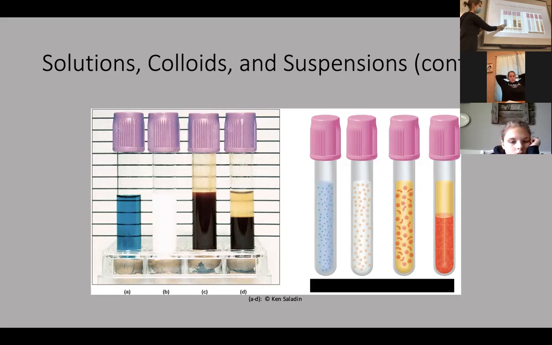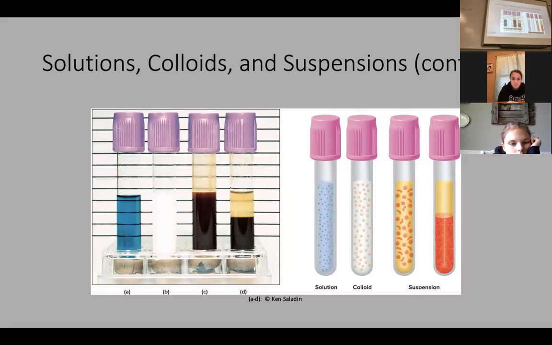So you can see the solution, you can see all the way through. These test tubes are sitting in front of a piece of paper with lines behind them. You can see the lines perfectly through a solution. You can't see them through a colloid or a suspension. The colloid is cloudy and milky looking. And then the suspension, I have the names down here, I'll unblack them out.